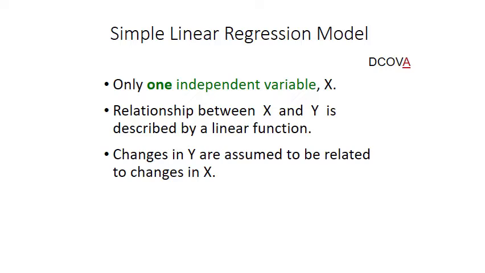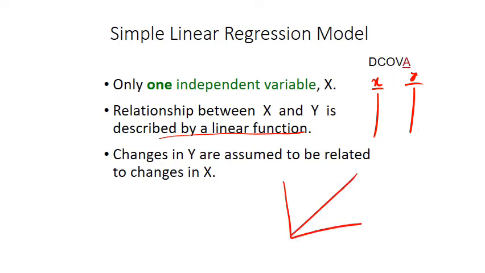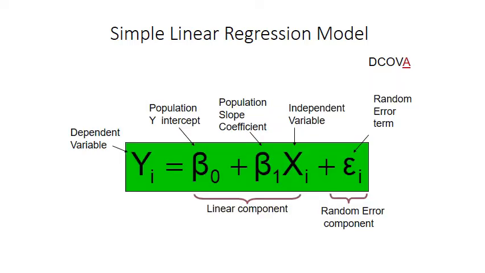So only one independent variable x, and the relationship between x and y is described by a linear function. If you are given only one x and one y, most of the time, not necessary, but most of the time it is a linear relationship. So we will use a linear equation like this. Here they are using beta naught plus beta 1 x.